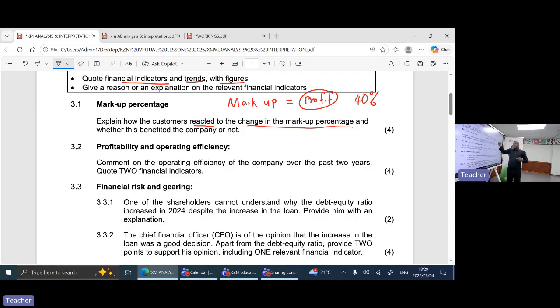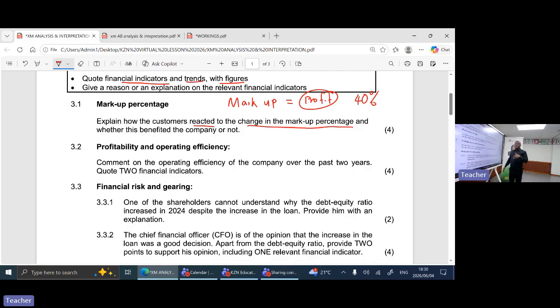Now, if you increase your markup, this means that you increase the profit you want from each product. If you increase the profit you want, the product will be more expensive, which may make customers react in a certain way. They may run away, or they may stay in your business and support you. But remember that if it's too expensive, customers run away.